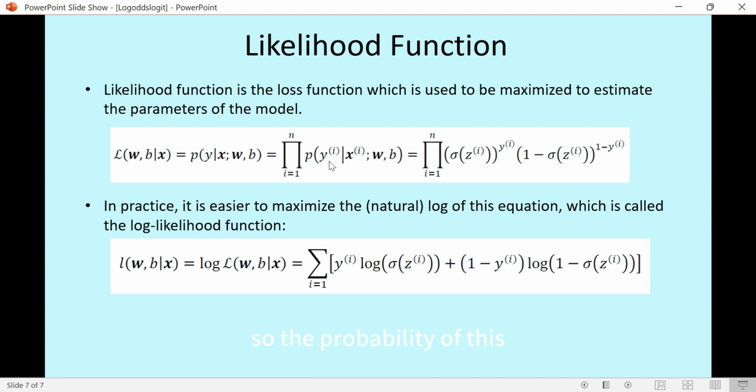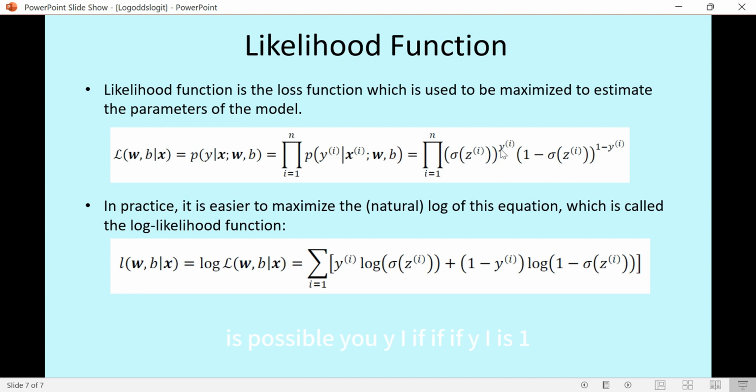The probability of this is actually the sigma Z we have seen on the previous page, right? So this is sigma Z to the power yi, times 1 minus sigma Z to the power 1 minus yi. Why do we have to write this? Because only one part is active.